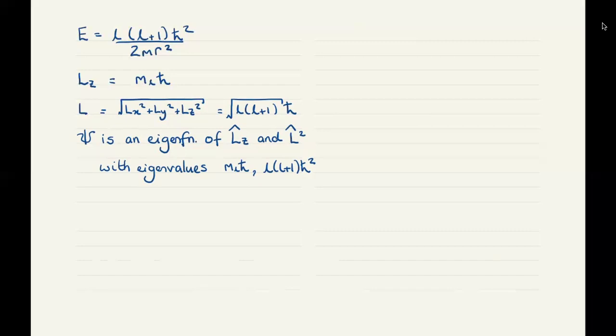And now we're ready to move on to the full hydrogen atom problem, which is the particle in a Coulombic potential, which is just a 1 over r potential. And so now we no longer have a free particle, a free electron.